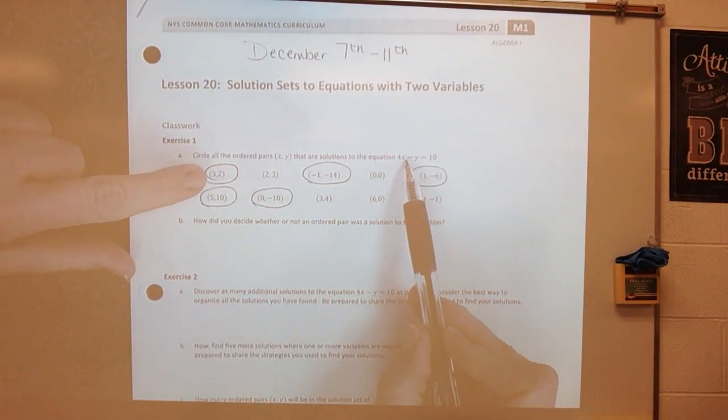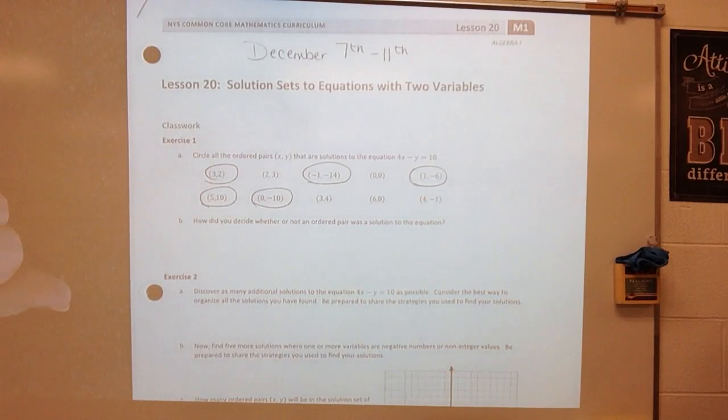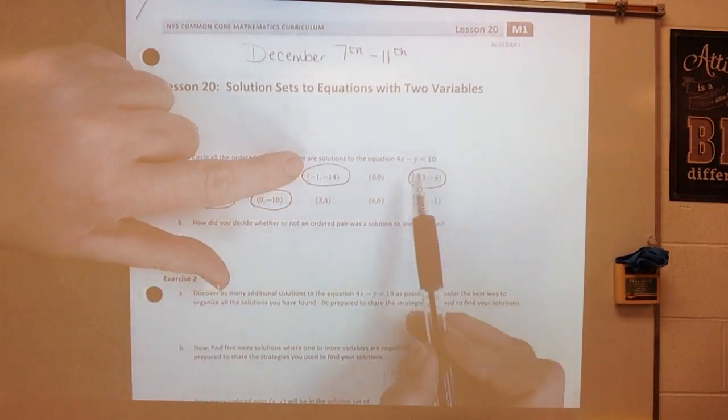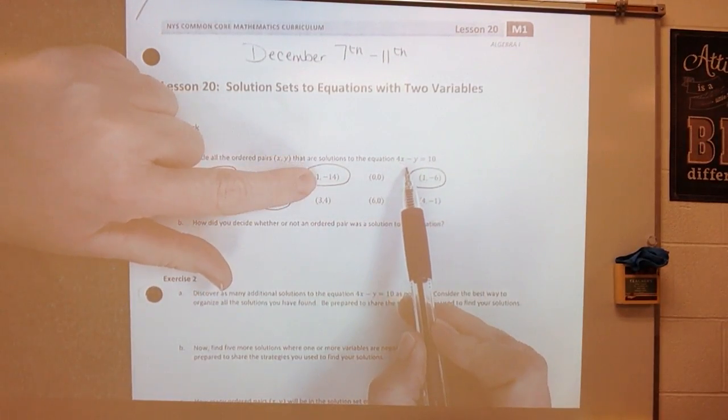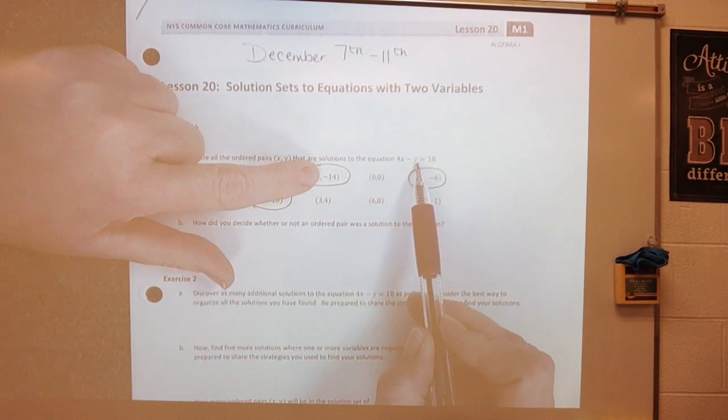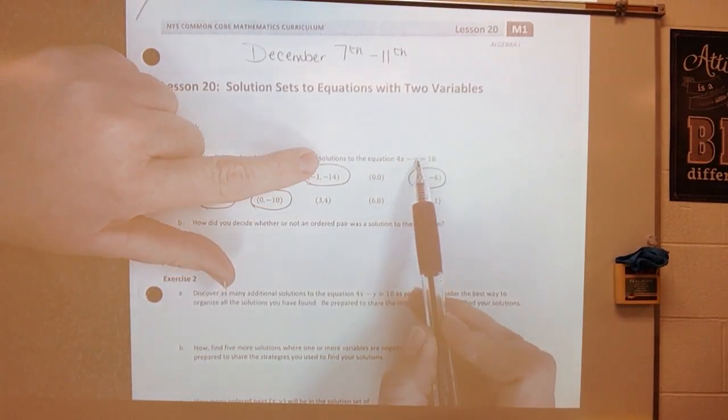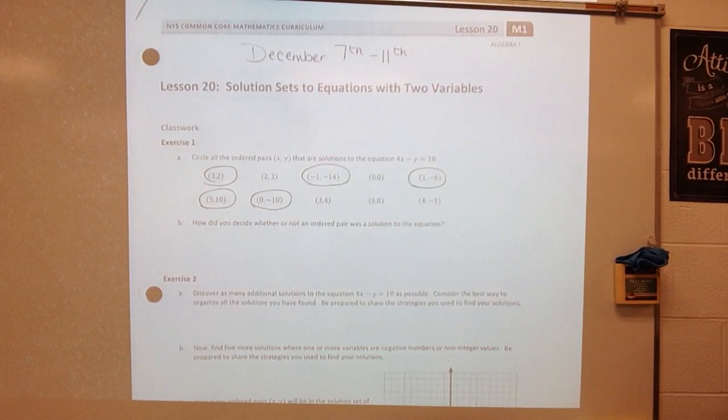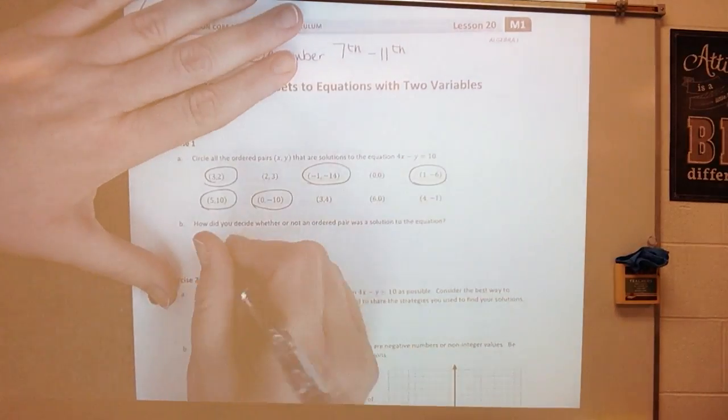4 times 3 is 12, minus 2 equals 10. 4 times negative 1 is negative 4, minus a negative 14, so negative 4 plus 14 is 10. That's how I would know. How did you decide whether or not an ordered pair was a solution to the equation? You substituted and checked to see if the equation was true.